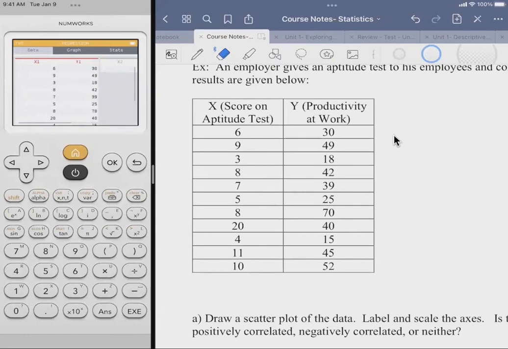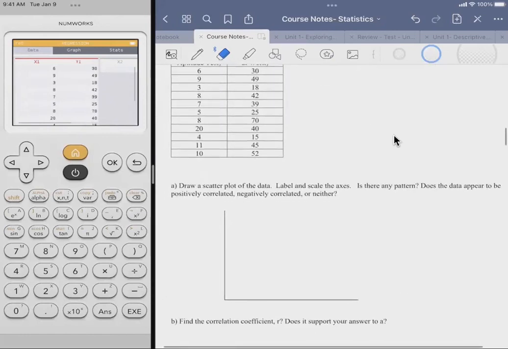It says draw a scatter plot. All right. I'm going to say observe the scatter plot. So it's a typo for somebody. All right.